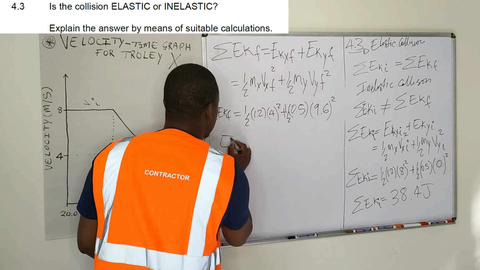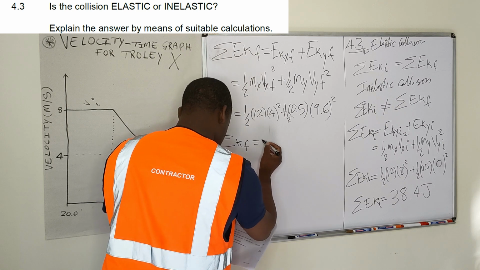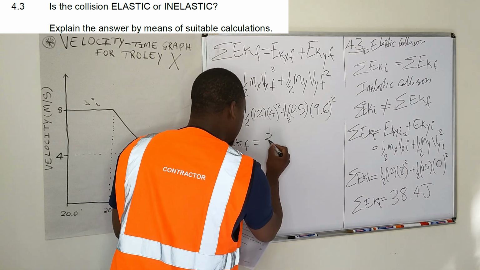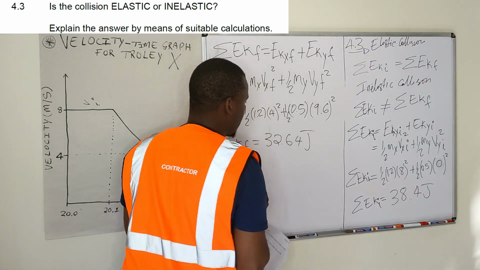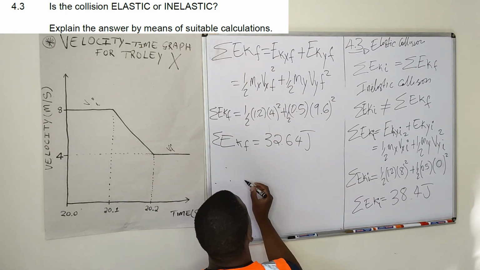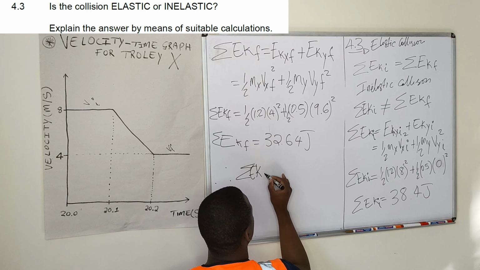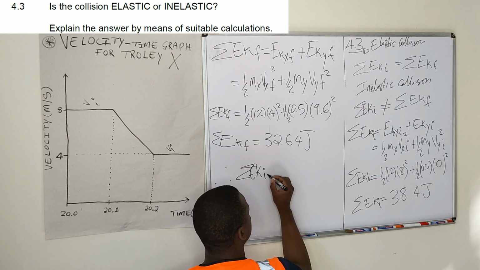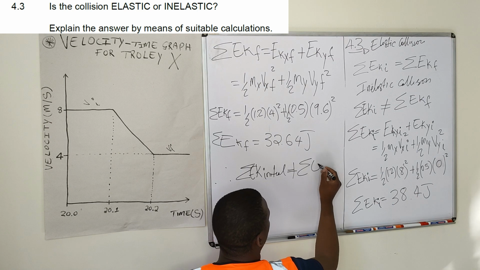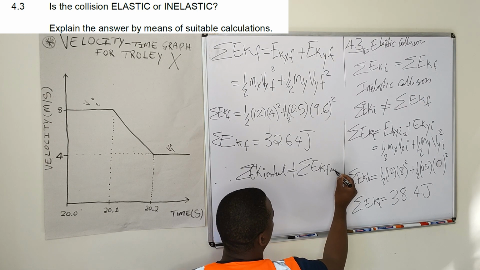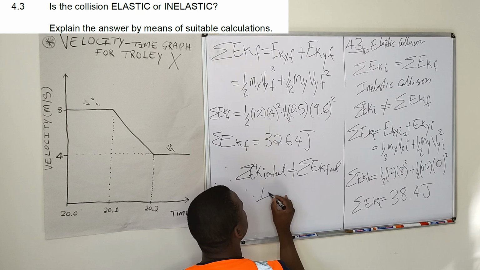We get that the sum of the final kinetic energy is equal to 2.64 joules. Therefore, we can see that the sum of the initial kinetic energy is not equal to the sum of the final kinetic energy. Therefore, our collision is inelastic.